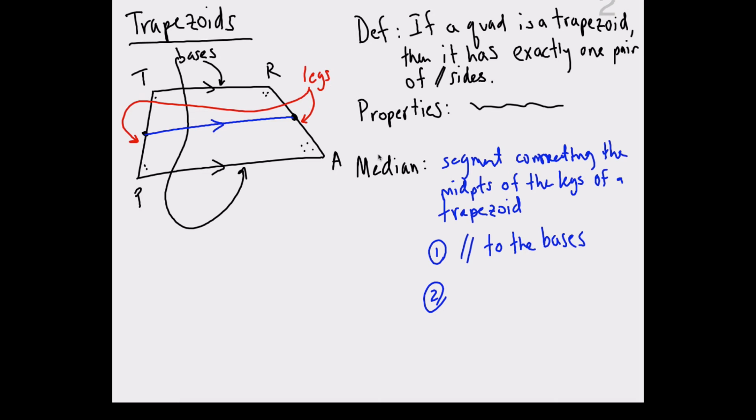I wouldn't expect you to know this. Its length is the average of the two bases. Take the two bases, add them up, divide by 2, and that'll give you the length of the median.